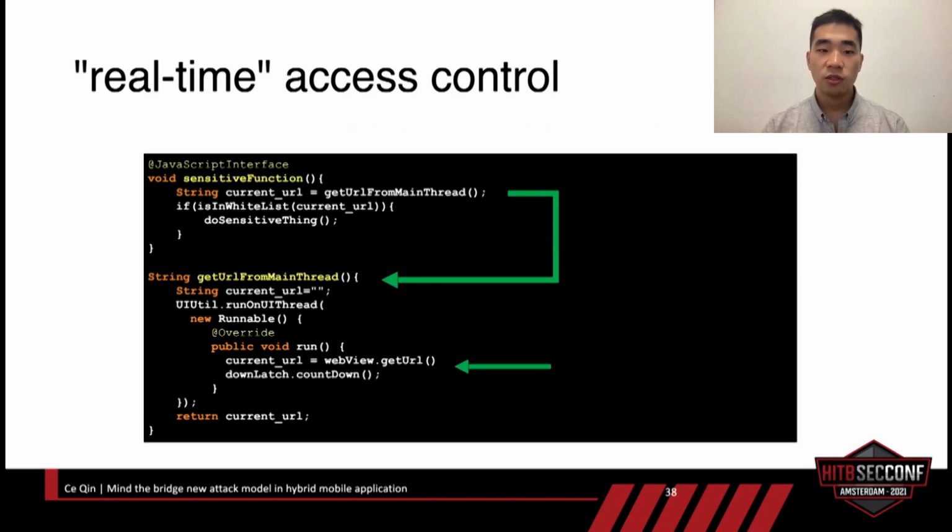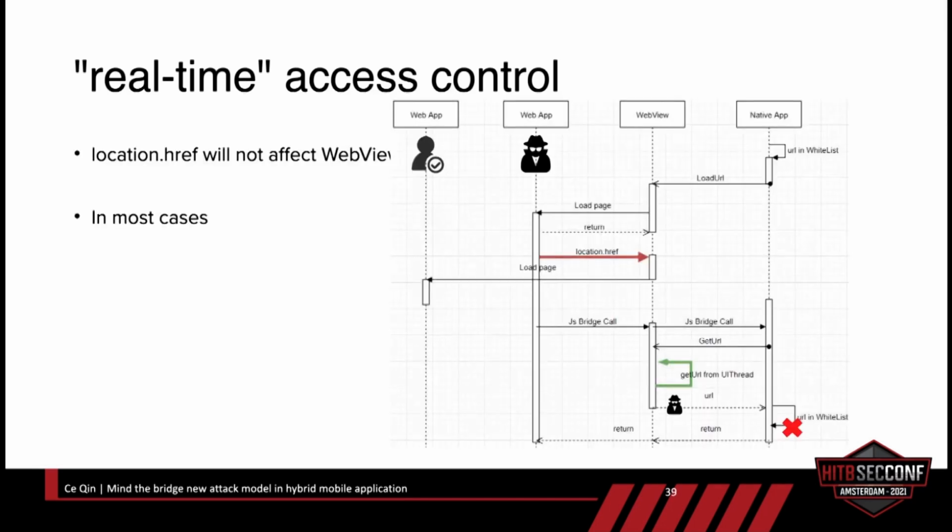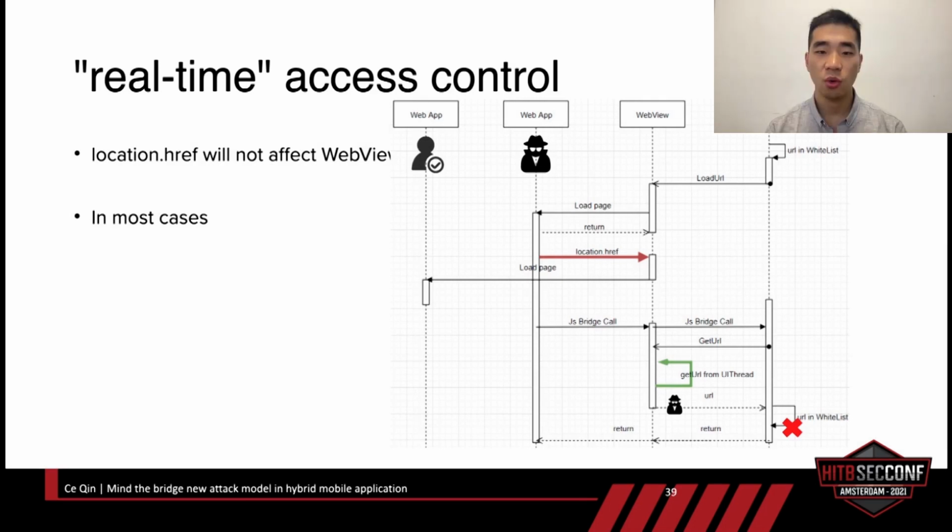We know that JavaScript interacts with the Java object on a private background thread of WebView, so this solution uses a runnable to maintain thread safety. With real-time access control, the traditional time delay attack will not work, because WebView.getUrl may not be affected by JavaScript code in most cases.